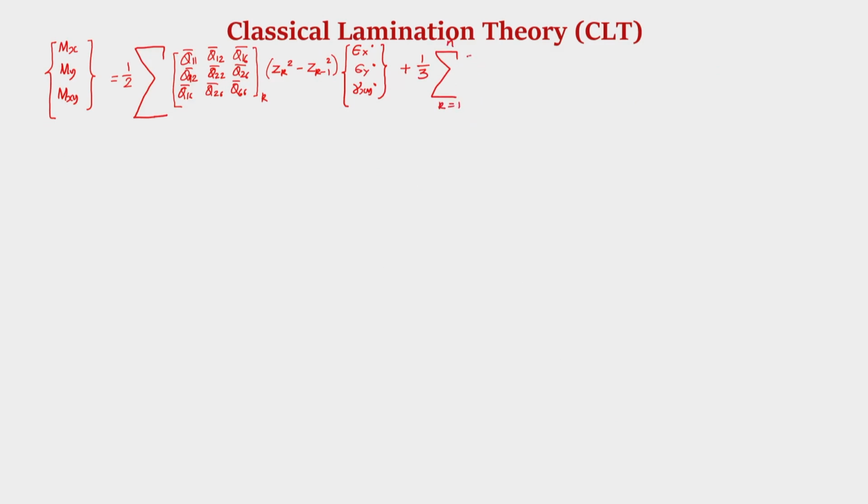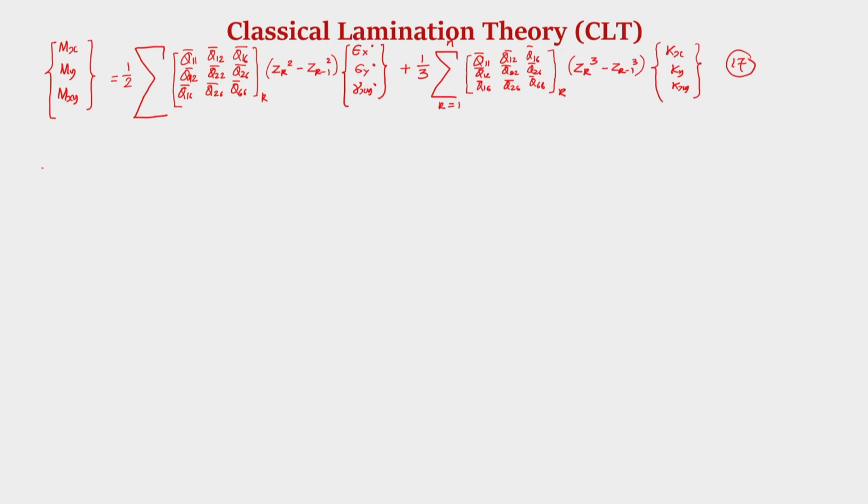This is the q bar matrix, q 11 bar, q 12 bar, q 16 bar, q 12, q 22, q 26, q 16, q 26, q 66 bar for the kth layer, multiplied by z k cube minus z k minus 1 cube into the curvature k x, k y, k x y. So, this is our equation number 17.